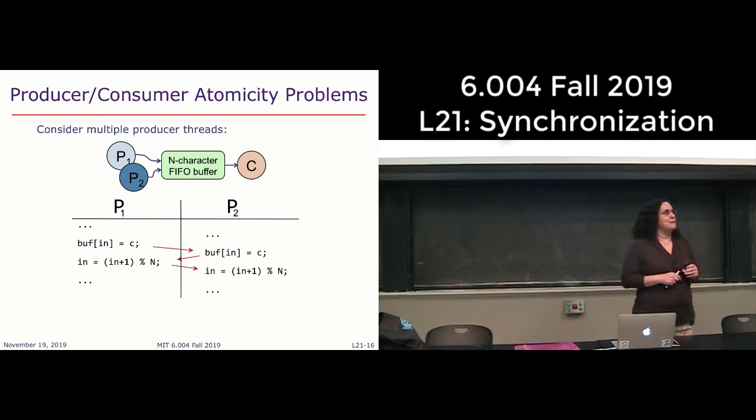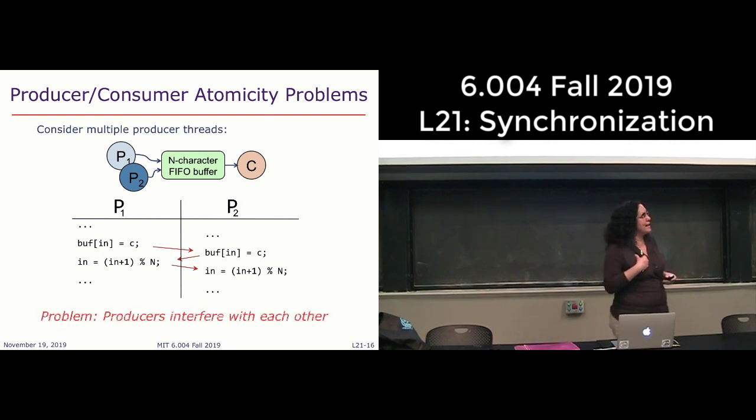What's actually happening here? Remember that these pointers and the buffer are actually shared memory, so they're being shared by these 2 processes. And so in this situation, both of these processes wrote to the exact same location in the buffer. So P2 overwrote the value of P1, which is not what I wanted to have happen.